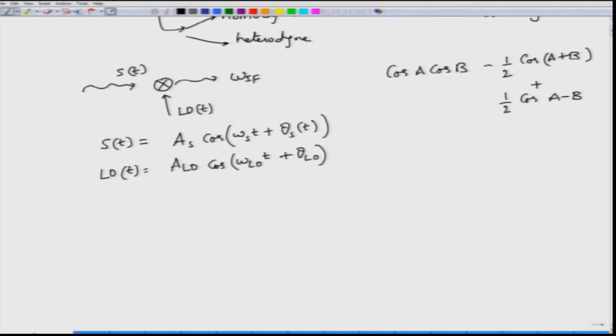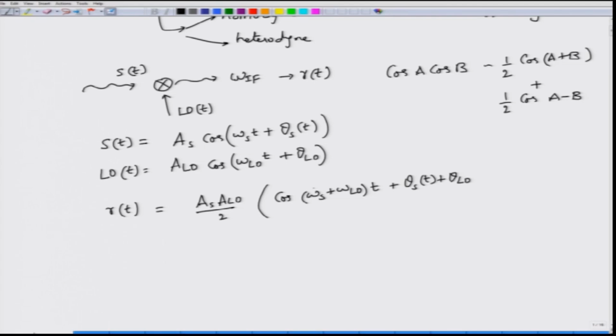If I call the signal after the mixer, or multiplier, R of t, you have A_S A_LO by 2 as a common factor, and then you have two components, the first being cos of (omega_s plus omega_LO) t plus theta_s of t plus theta_LO.